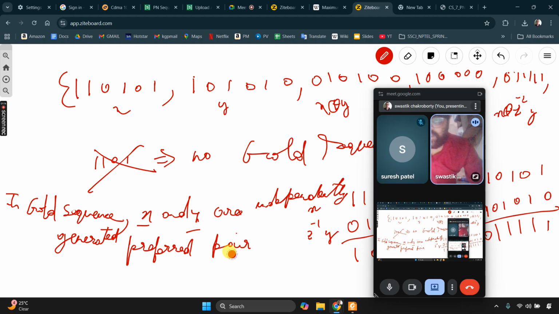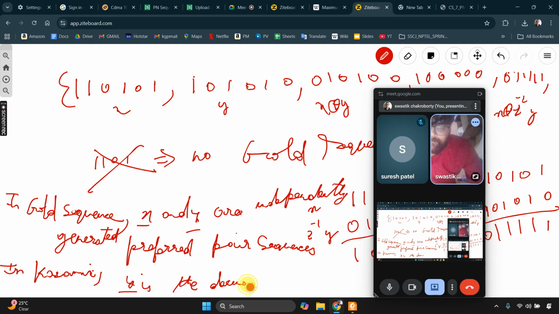So in Gold, X and Y are generated preferred pair sequences. In Kasami, Y is the decimated version of X. So this clears up Gold and Kasami.